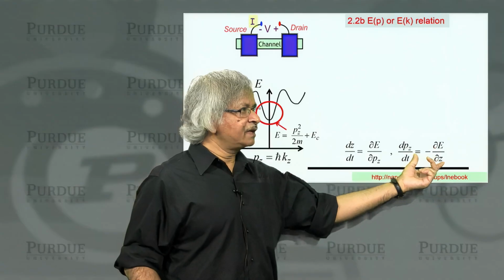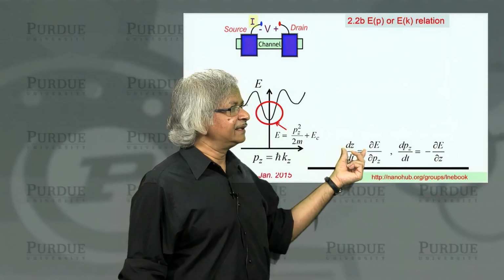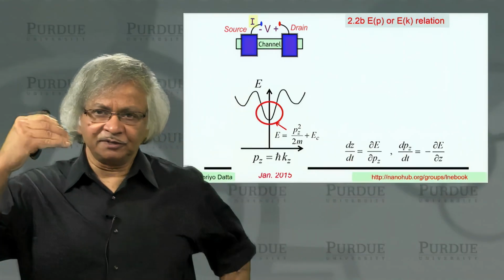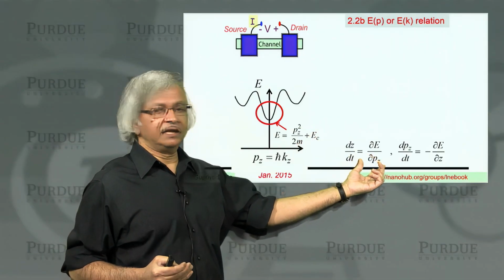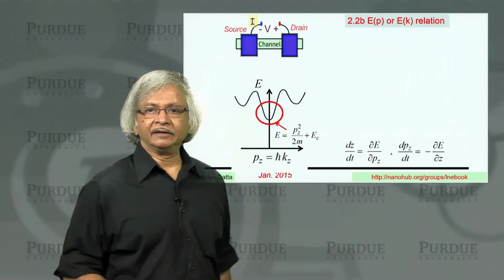That's this. It's this other one that may or may not be familiar to you, and that says that the velocity, which is dz/dt, the rate at which this electron's position changes, is proportional to ∂E/∂p, the derivative of energy with respect to momentum.